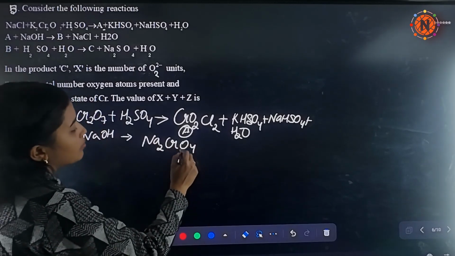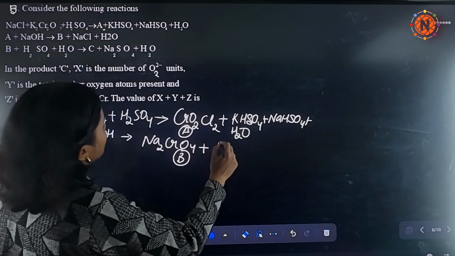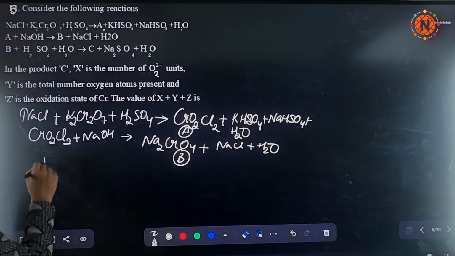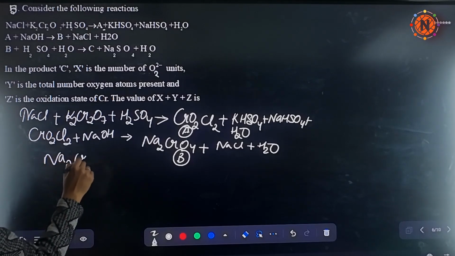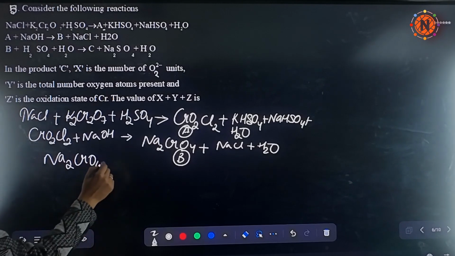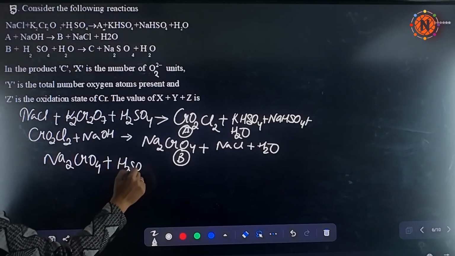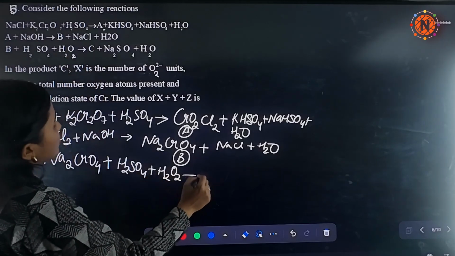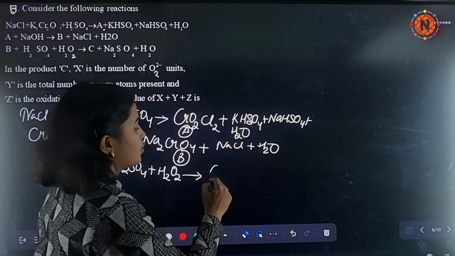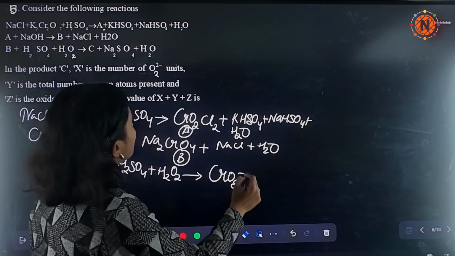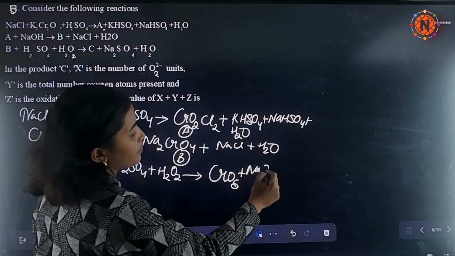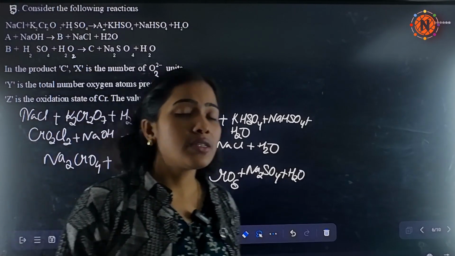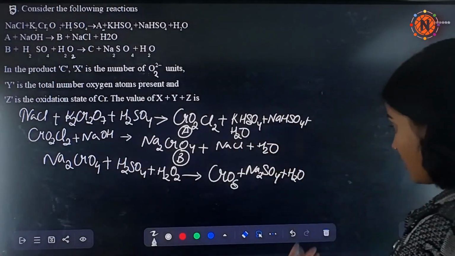So this is compound B. Now the following reaction occurs between sodium chromate plus H2SO4 plus hydrogen peroxide H2O2, which gives us chromium pentoxide with sodium sulfate and H2O. This is the final reaction.